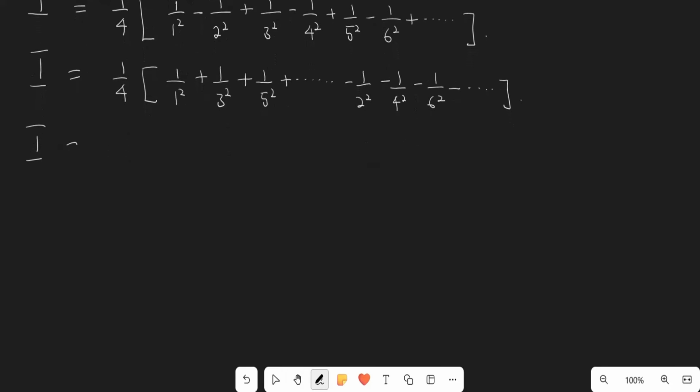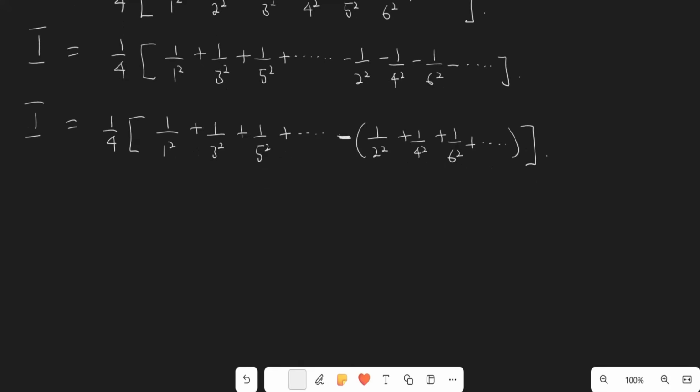Okay, I is going to be equal to 1 over 4, and then this is 1 all over 1 squared, plus 1 all over 3 squared, plus 1 all over 5 squared, plus, and so on and so forth. And -1 is common here, so I'm going to factorize -1 out of this, and that is going to be 1 all over 2 squared, plus 1 all over 4 squared, plus 1 all over 6 squared, plus, and so on and so forth up till infinity.